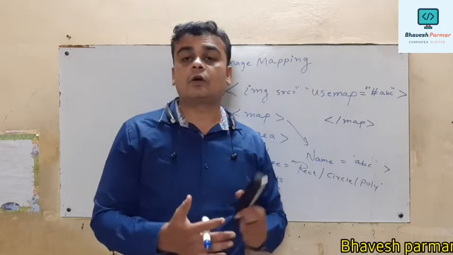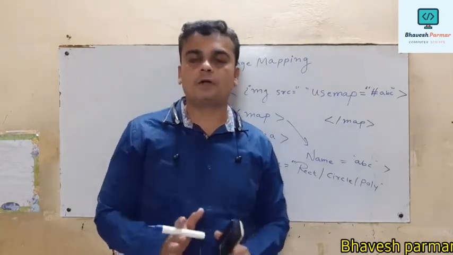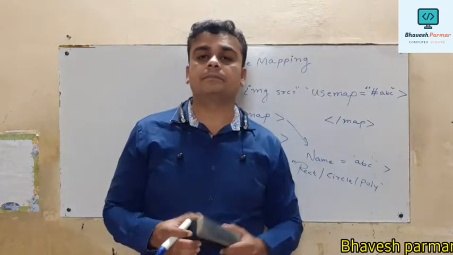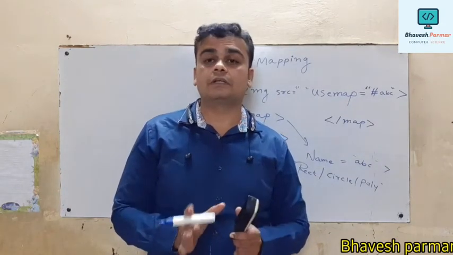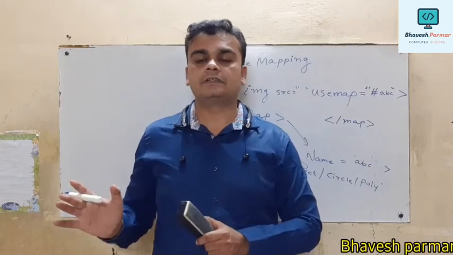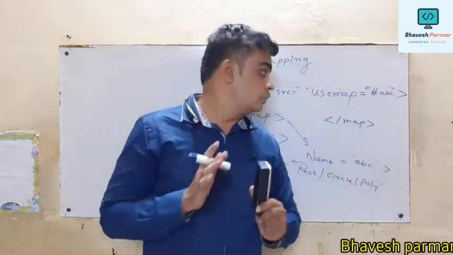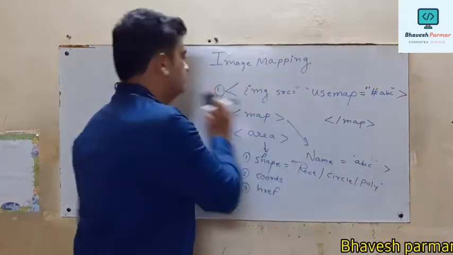Those sections are called clickable regions, and in technical terms they are called hotspots. Generally, in information technology online examinations there is always a question: a clickable region in an image is called dash. The answer is hotspot. Got it, guys? Now let me switch to the practical session.